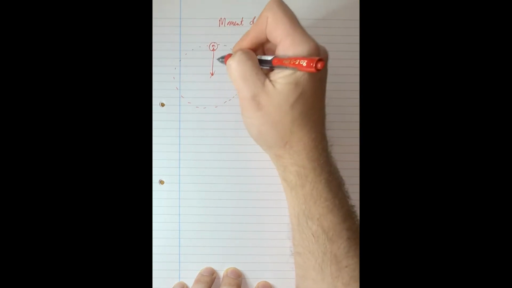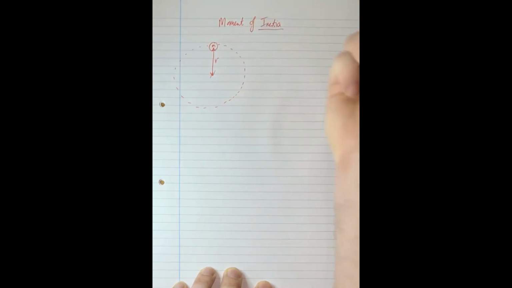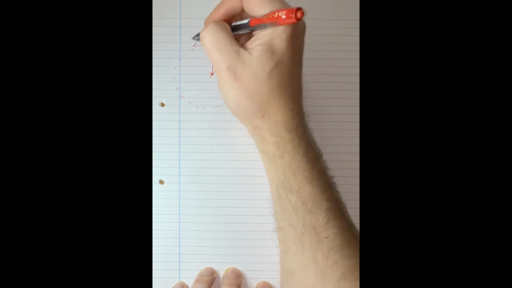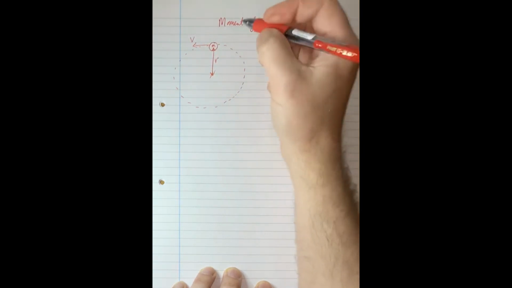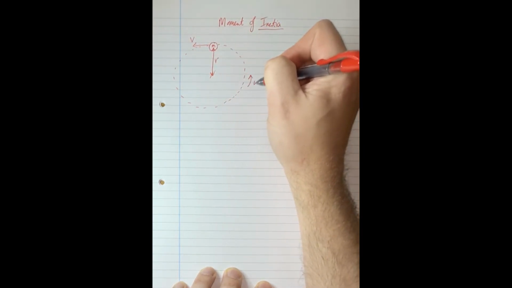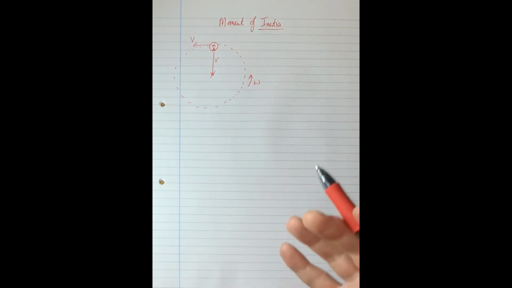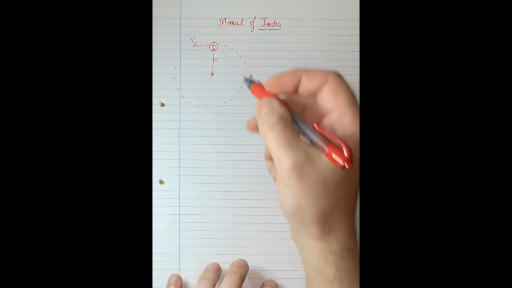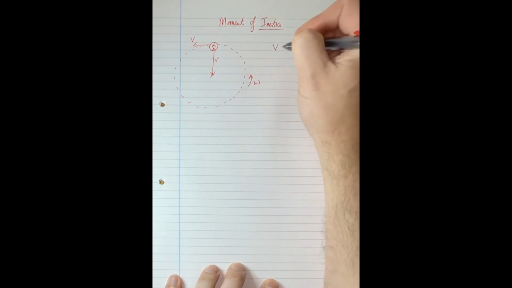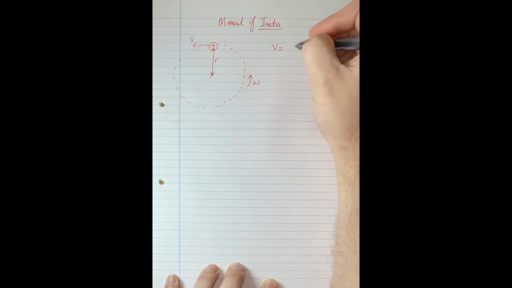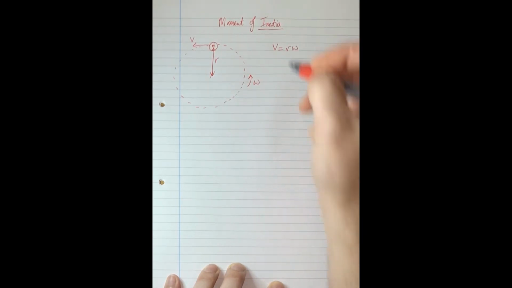The mass is m, and the distance from the centre to the mass is r, and it's going to have a linear velocity v and an angular velocity omega. In previous videos on circular motion, we discussed the link between linear velocity and angular velocity, and it is v equals r omega.